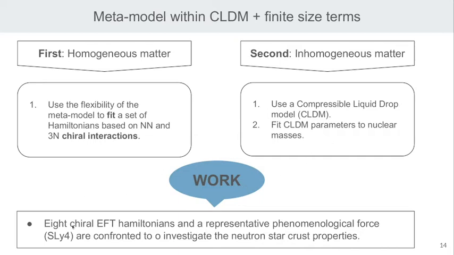Our work here is to use these 8 chiral EFT Hamiltonians and a representative phenomenological force, the Skyrme form, compare these two ways of describing the matter, and investigate the impact on neutron star crust properties.